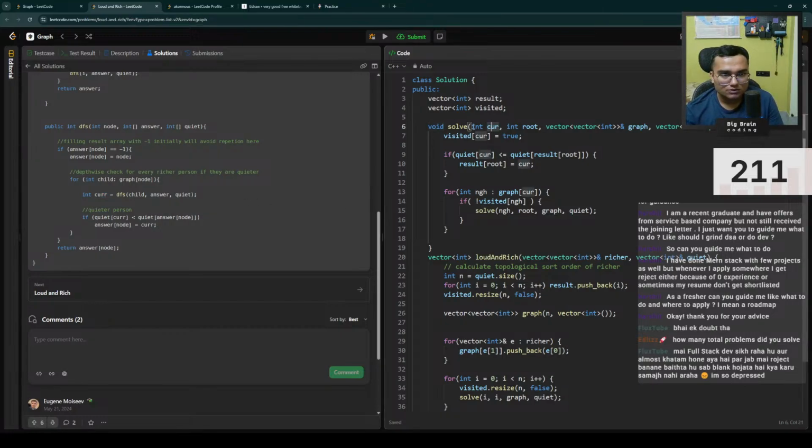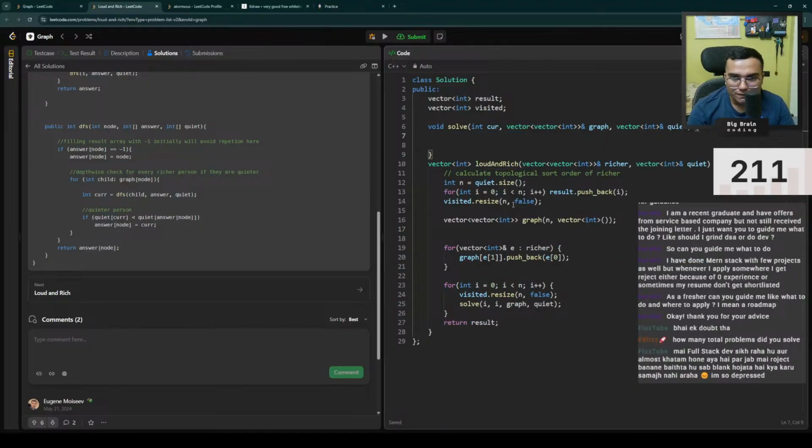We wrote the wrong function here. We don't need this. If result of current, so this is current. If result of current, and here it should be resize n minus 1. If result of current is not minus 1, which means it is already populated.